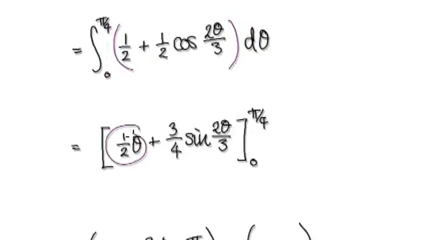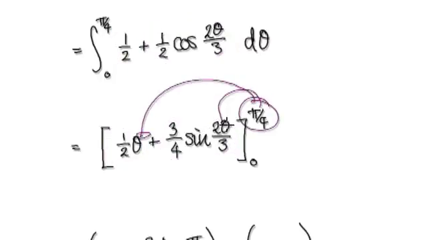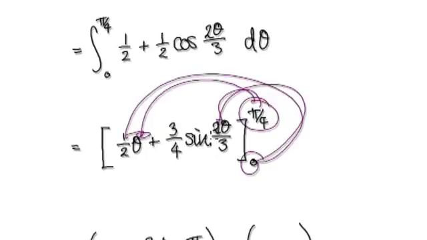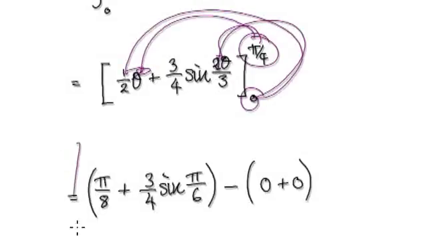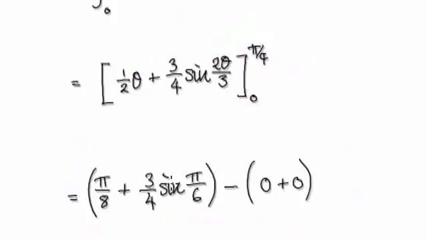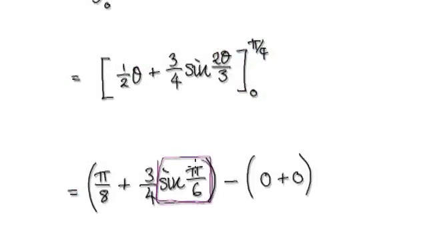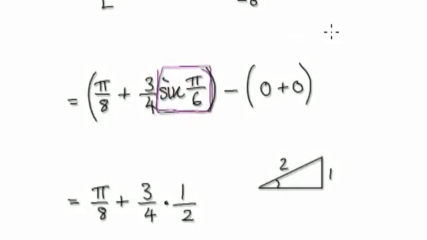Integrate that, and it will give you this. Integrate this, and it will give you this. Then put this into here, and later on put this into here. That will give you this. When you see sine of pi over 6, don't forget, from here to here is pi.